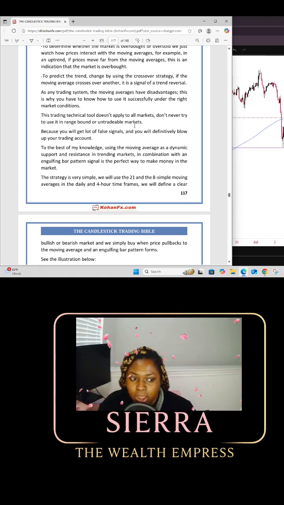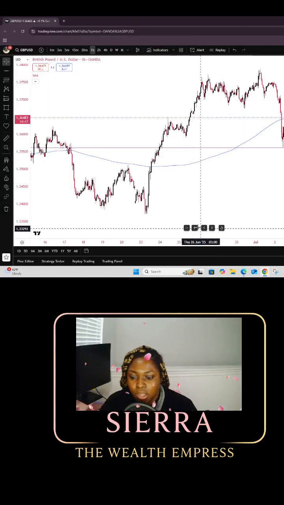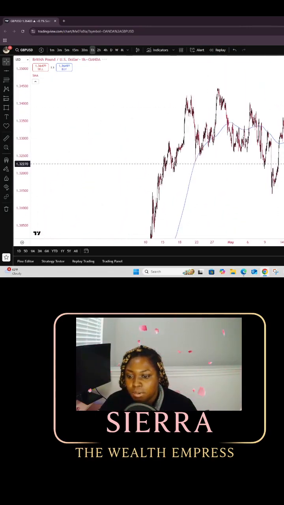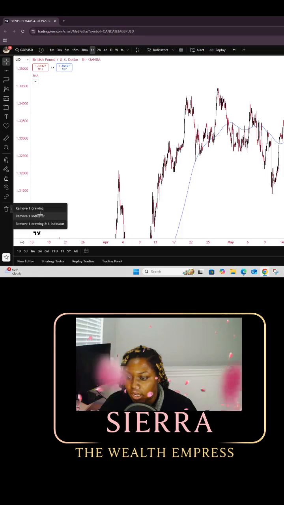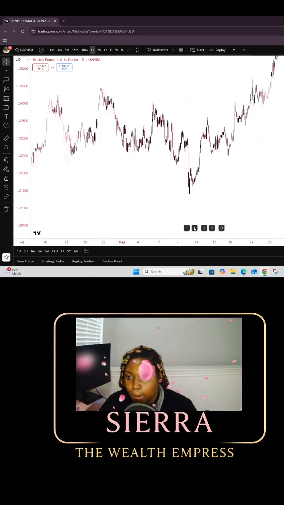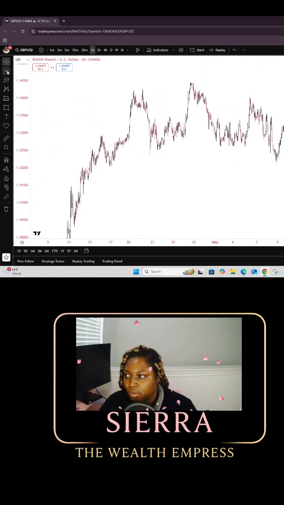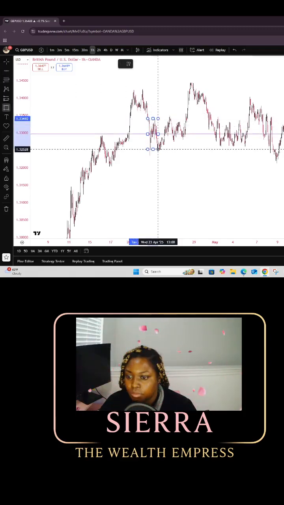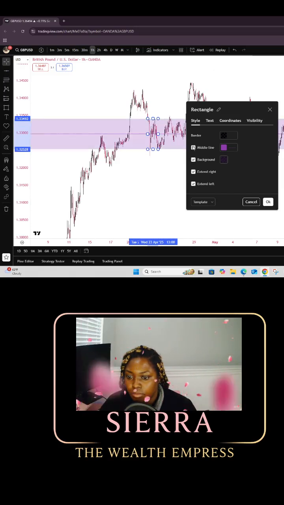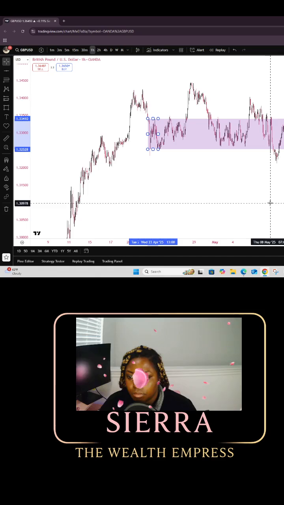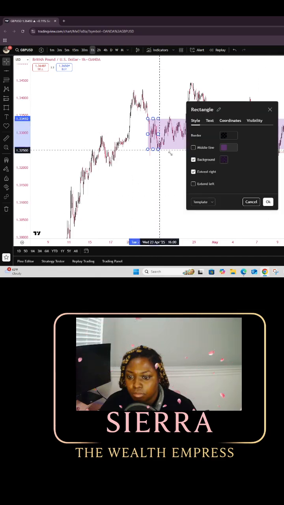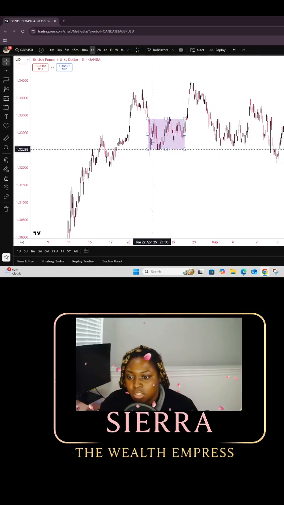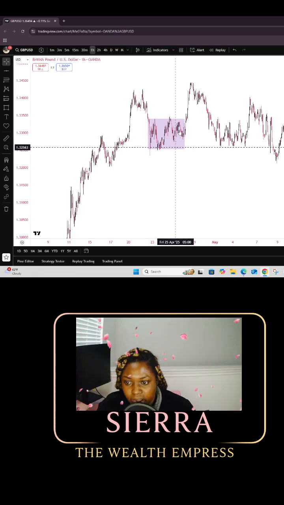And by range, I mean consolidation. So let me show you consolidation. Some consolidation ranges you can trade, and then some of them you can't, right? So this area right here. You see how price is just bouncing up and down in this area.